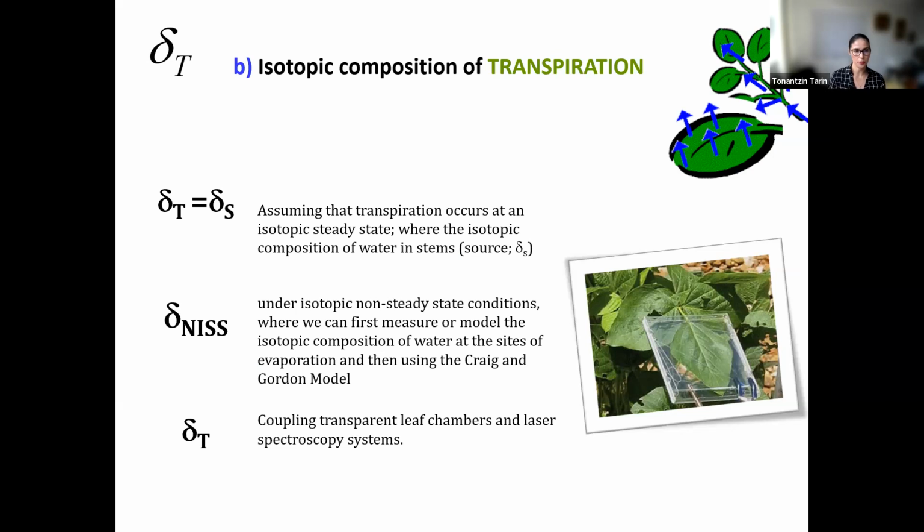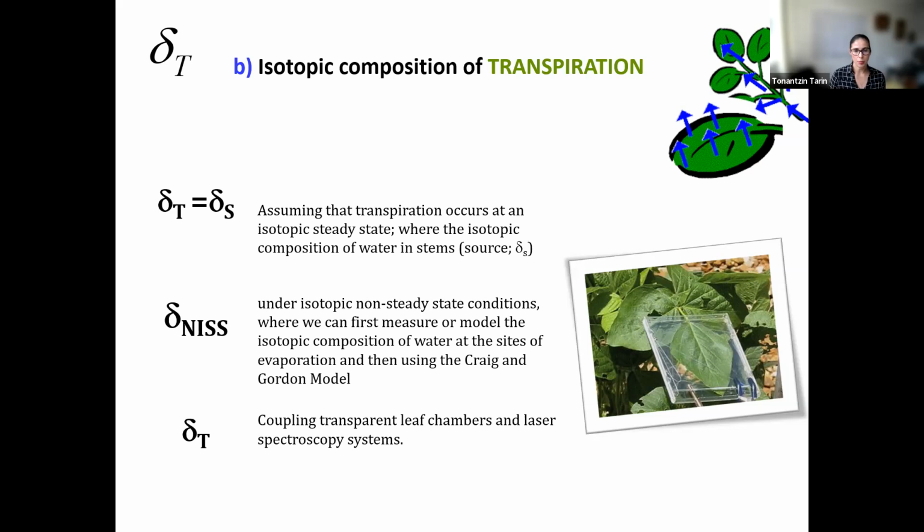But delta T can be estimated in non-isotopic steady state conditions, and is usually modeled or measured directly by coupling a chamber to the leaf and then to a laser that can measure the vapor coming up from the plants in real time.